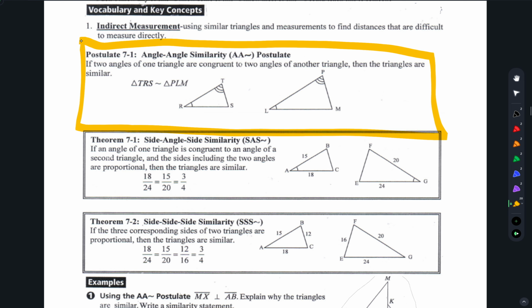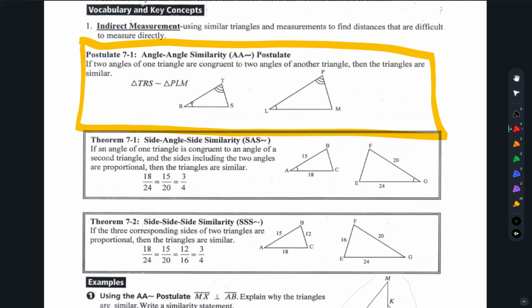Postulate 7.1 is our angle-angle similarity postulate. You're going to see these acronyms that look very similar to what we did with congruent triangles. Remember, we didn't have an AA, but the next one is going to be SAS, the next one is going to be SSS. They're familiar. However, things are a little bit different. With AA, we only need two parts.